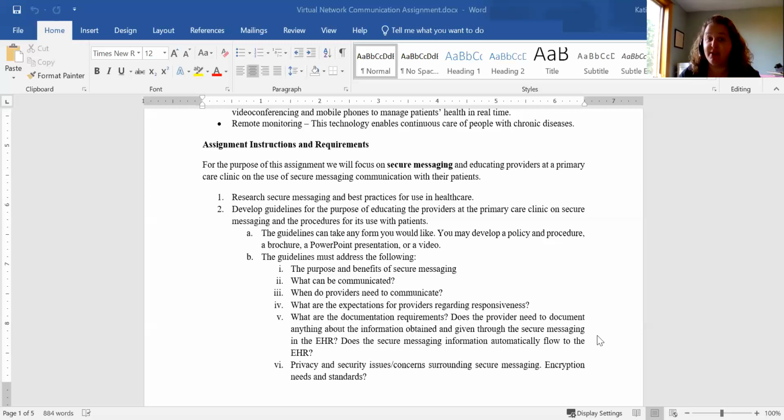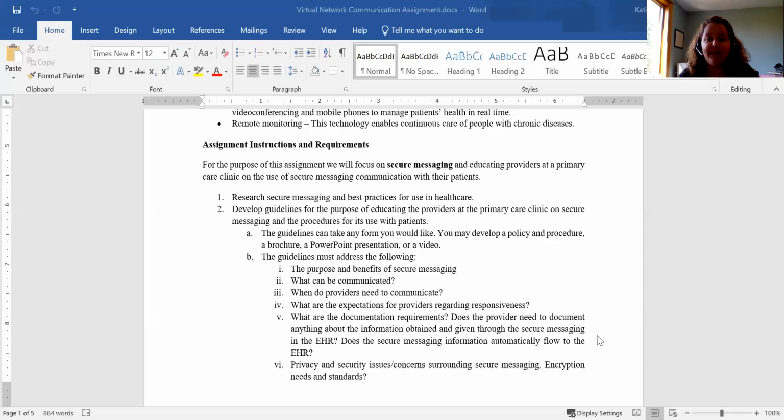So maybe it's lab results. Maybe it's certain lab results. Maybe it's results of blood pressure testing. Maybe it's ongoing diabetes monitoring, whatever it is. So what needs to be communicated?